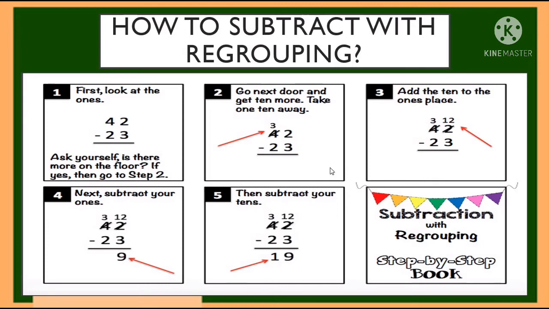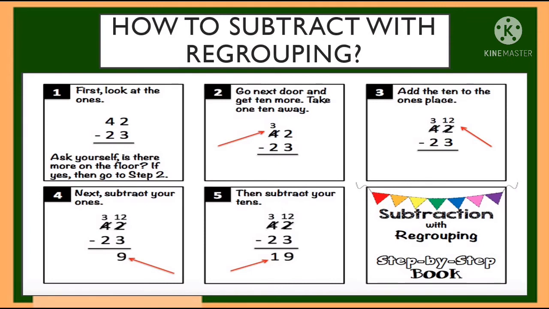Okay, first, as you can see here, first look at the ones place. So we have 2 and 3. Our minuend is 2, our subtrahend is 3. Now, ask yourself, is there more on the floor? If yes, then go to step 2.